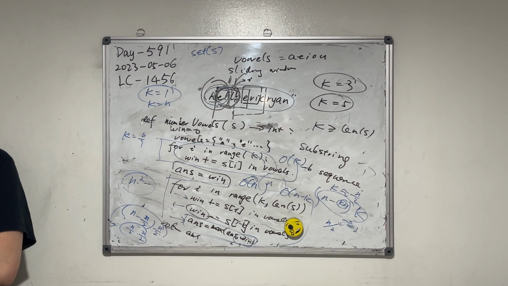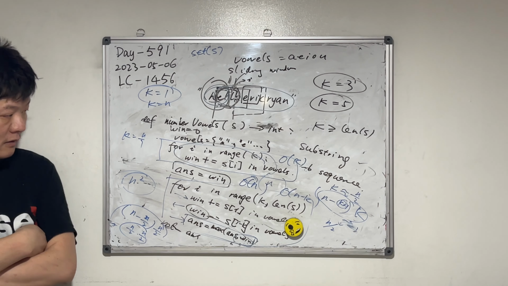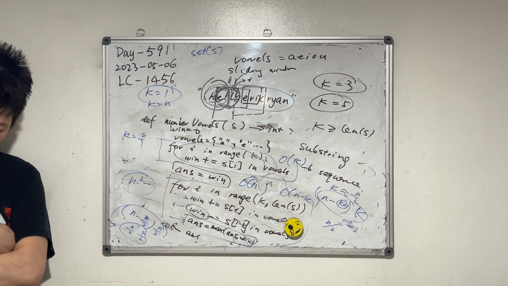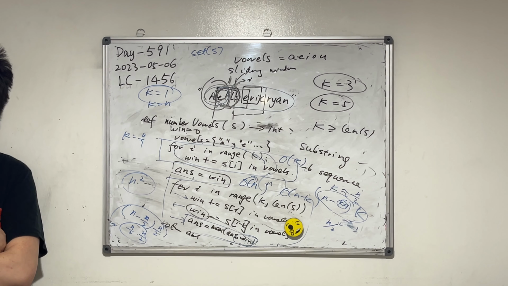The window has length K, and in the window we have letters, and we keep the maximum number of vowels. So there are two solutions.